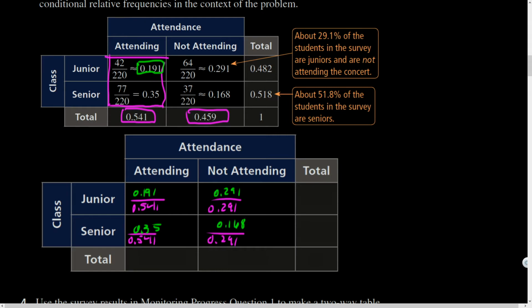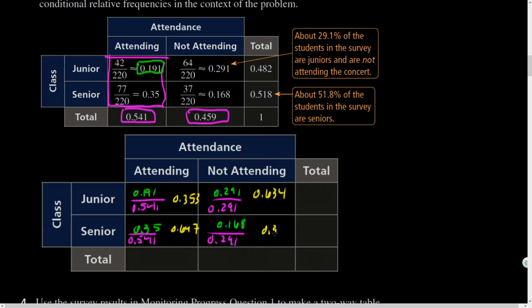And I'll calculate one of these things here. So if I divide this out, I get 0.353. This is 0.647. This is 0.634.